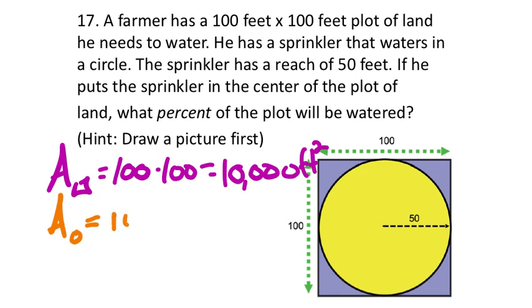Well, that's pi, because it is a circle, times the radius, 50, times the radius, 50. And yes, I'm still using the pi button in my calculator to make this calculation. So I got pi times 50 times 50, and what I get back from the calculator is 2,500 pi.